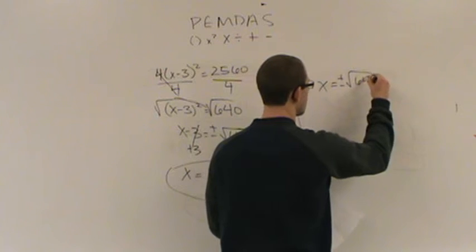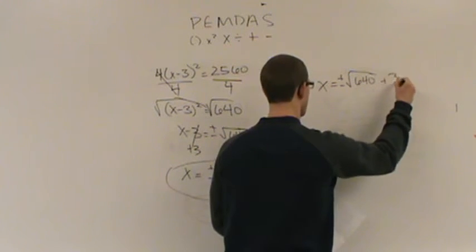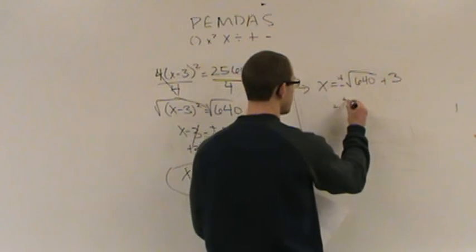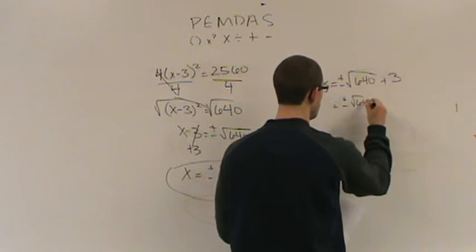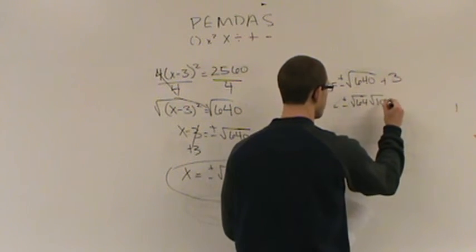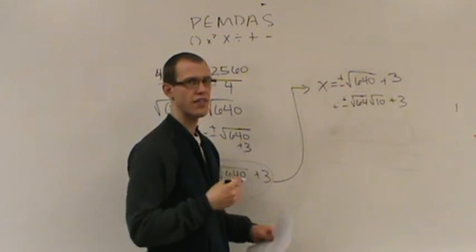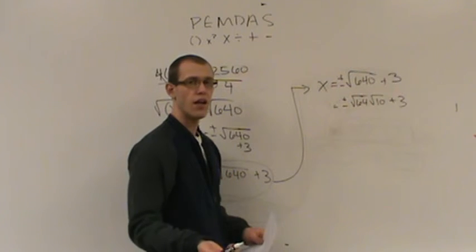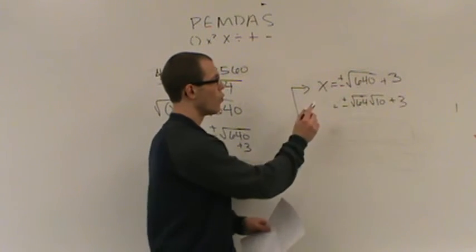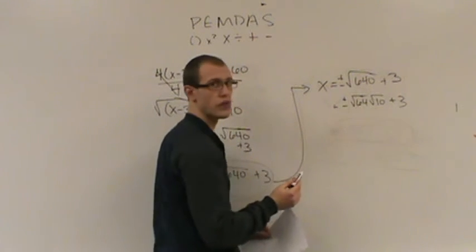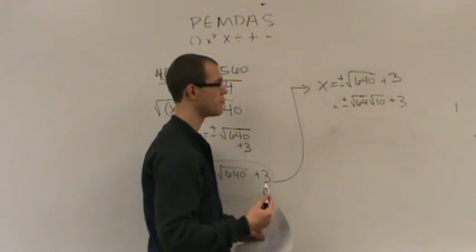Square root of 640 plus 3. So how can we break up that radical? Well, we can break it up into the square root of 64 and the square root of 10. 64 times 10 equals 640. That's how I can do that. Next, notice that I kept the plus and minus and also the plus 3 at the end. I just brought those down.